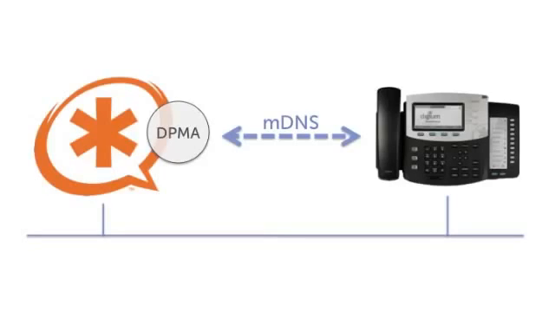Essentially, when an Asterisk server with the DPMA and Digium phones are placed on the same network, they are able to locate each other and begin communicating automatically via MDNS. This minimizes the amount of configuration an administrator needs to do. For more information on installing and configuring Avahi for Linux, see the DPMA User's Guide linked in the description section of this video.